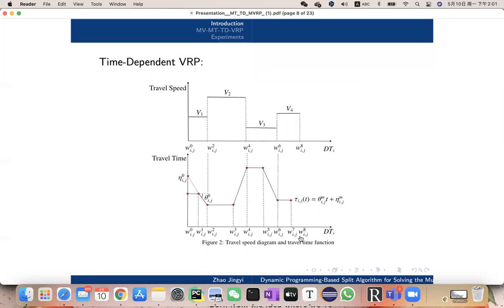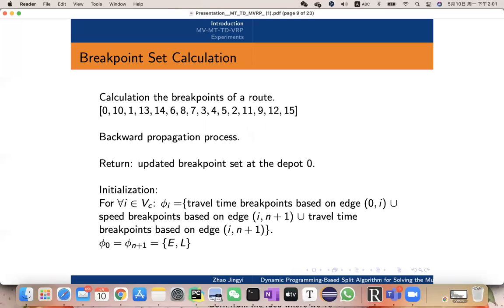So when the objective function is a function of the travel time of a route, we can just calculate all the breakpoints, because the best solution must be one of them, right? So how do we calculate the breakpoints of a route?